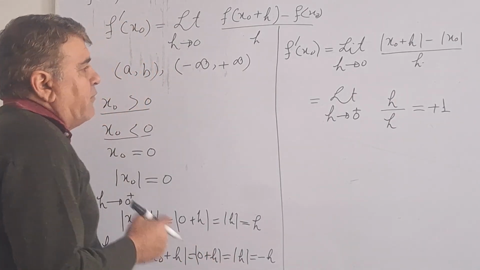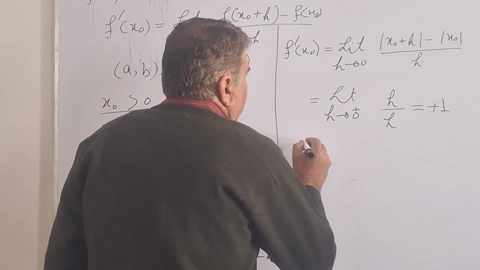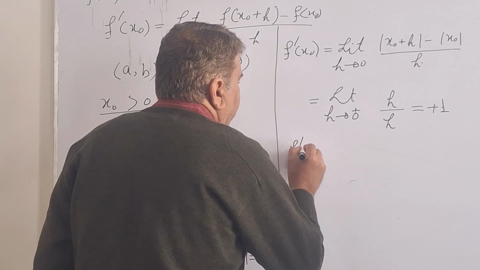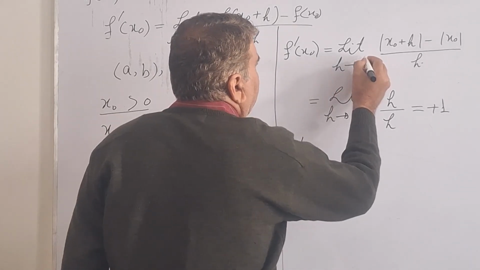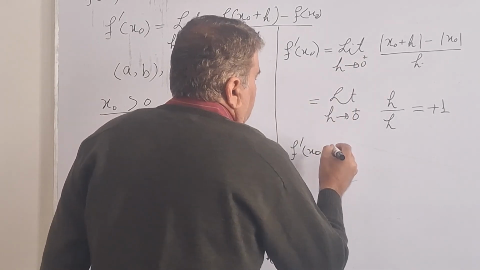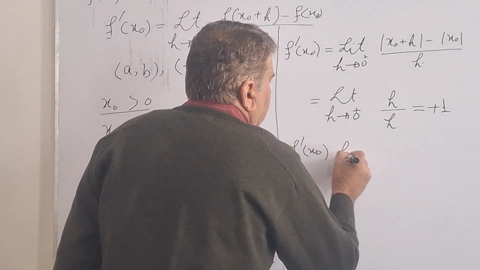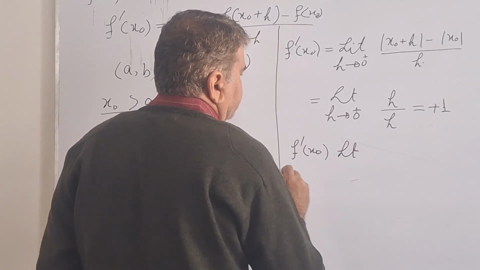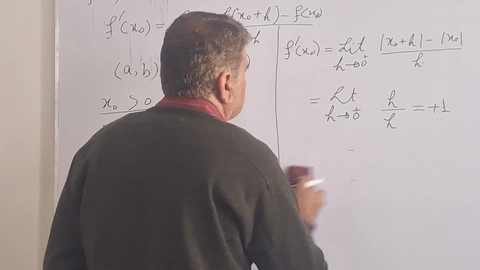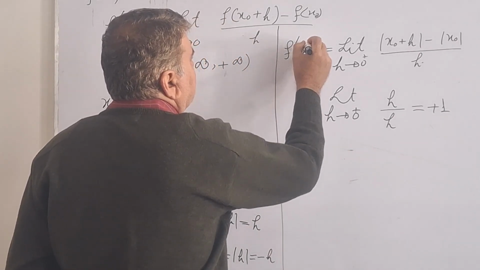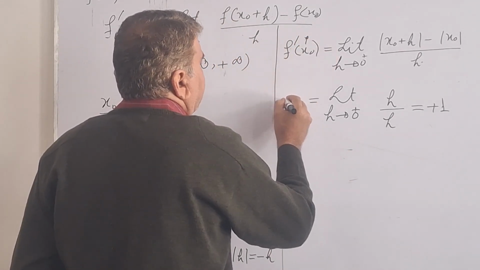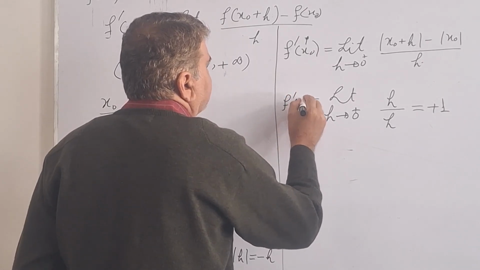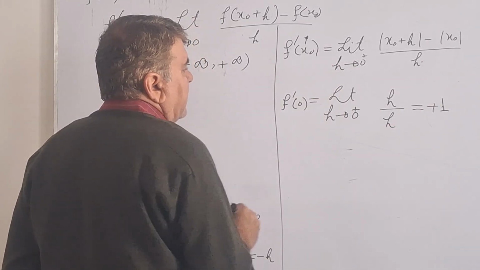And now for minus, what would we have? We would have f prime of x naught, this is for plus, right? And obviously x naught is 0, so I can write this over here as f prime of 0 equal to this thing.